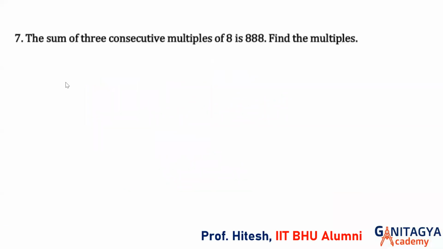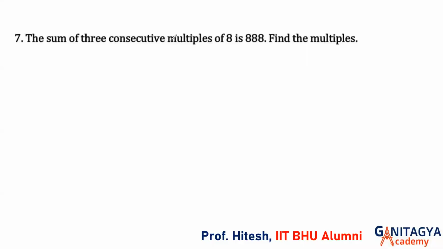The next question is, the sum of 3 consecutive multiples of 8 is 888. Very easy question. See, understand. They are multiples of 8 and 3 consecutive integers.